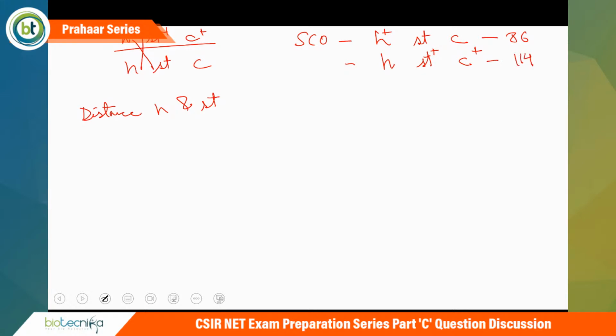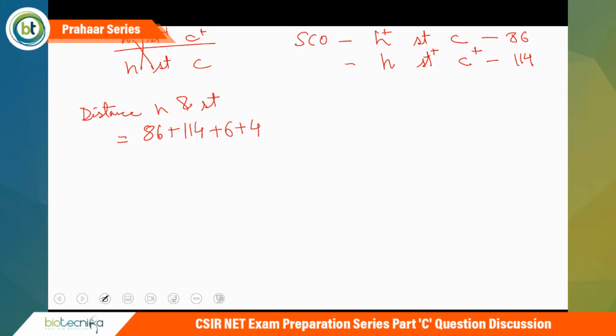Now, when we are calculating the distance, we have to add all the recombinants that have been created by crossing over occurring between H and ST. So definitely it will include the single crossovers, but at the same time it will also include the double crossovers. Why?